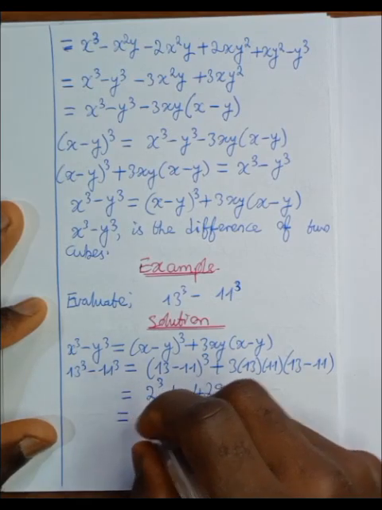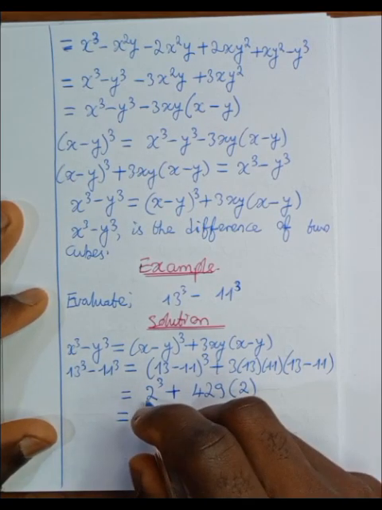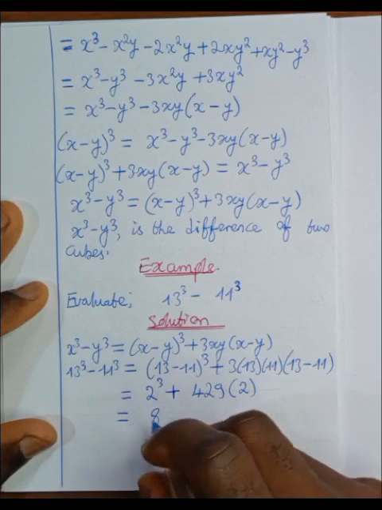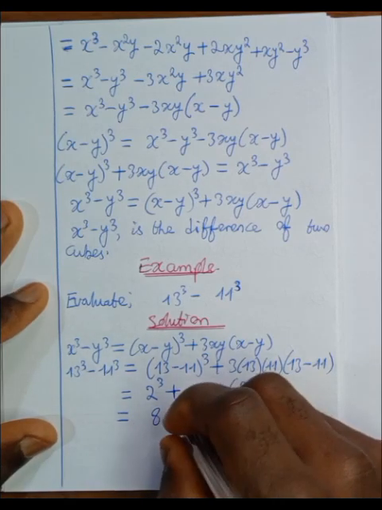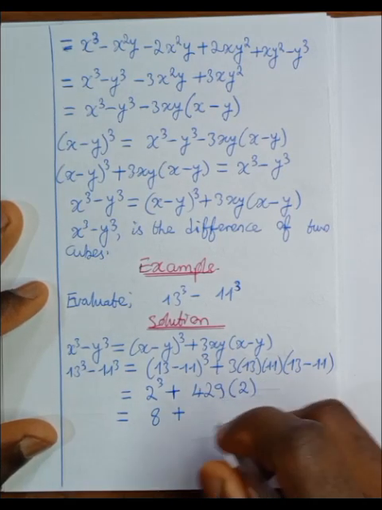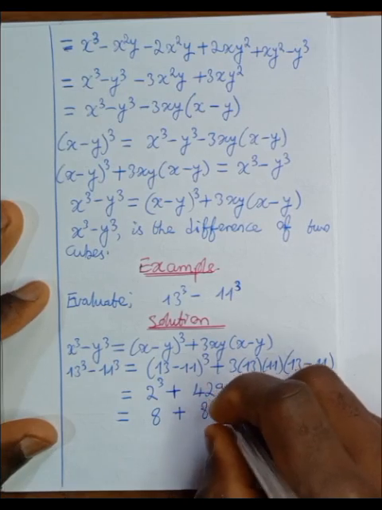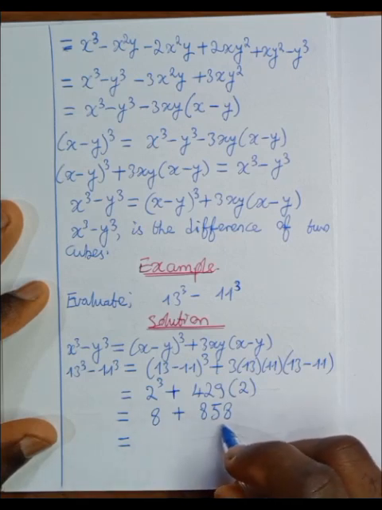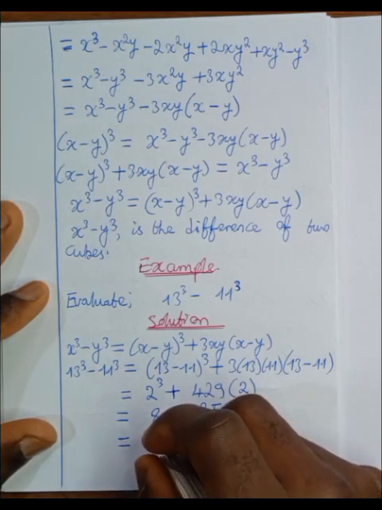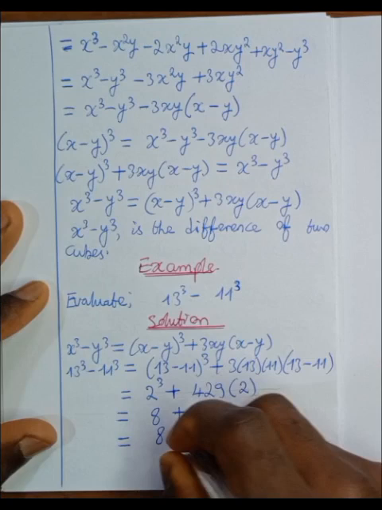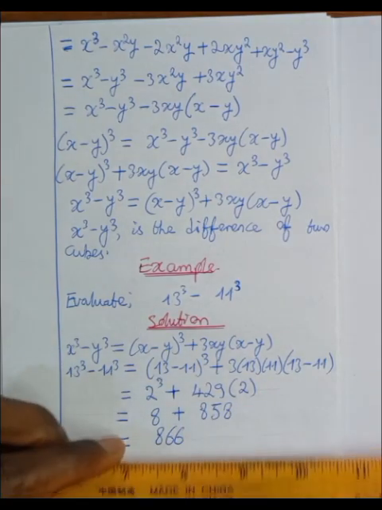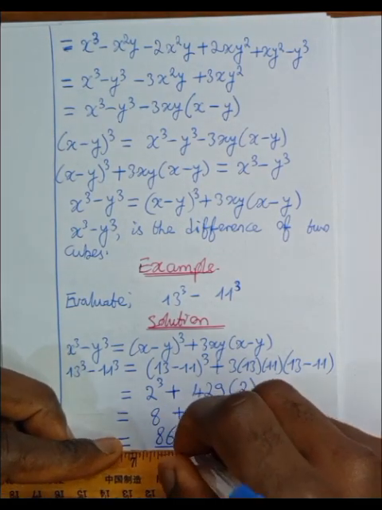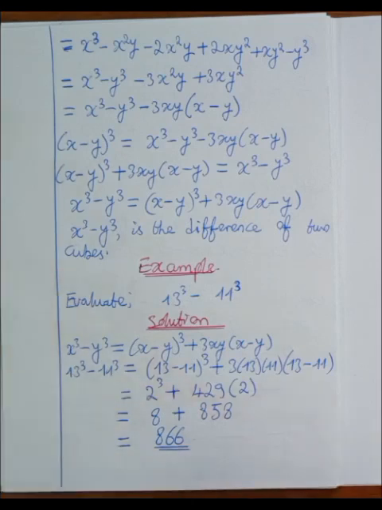This will simply be equal to 2 cubed is simply equal to 2 times 2 times 2, which is 8, plus 429 times 2 gives us 858. This will be equal to 8 plus 858 is simply equal to 866. This is the difference of the two cubes, 13 cubed minus 11 cubed.